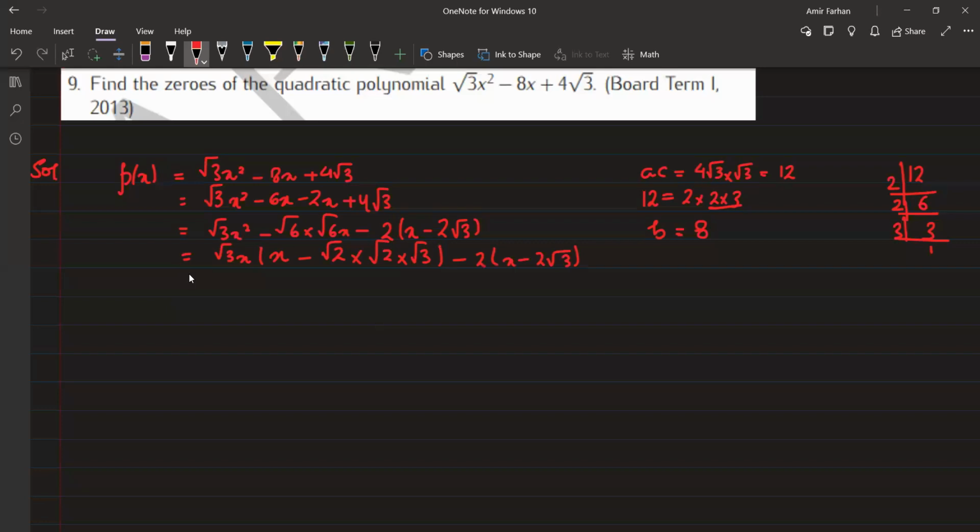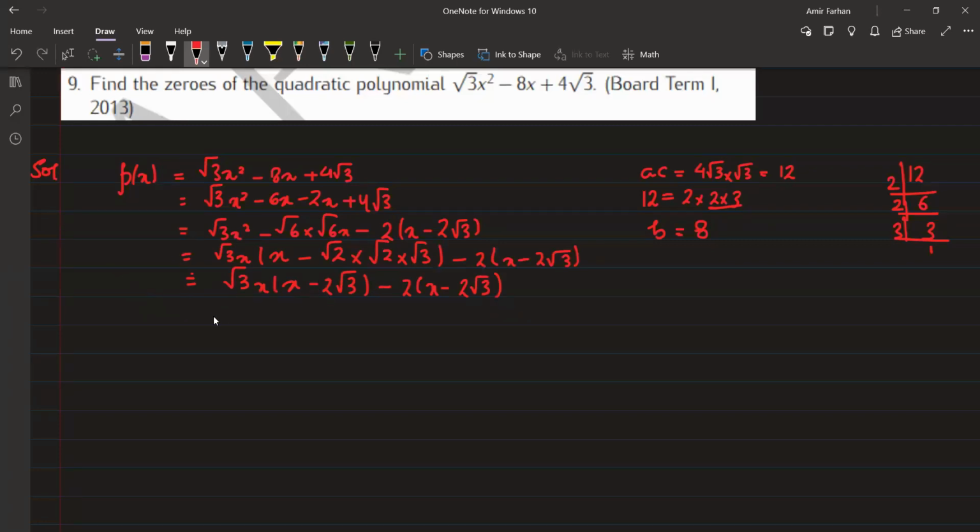So root 3x into x minus root 2 into root 2, which is 2, x minus 2 root 3, minus 2 x minus 2 root 3. So now you got the value.